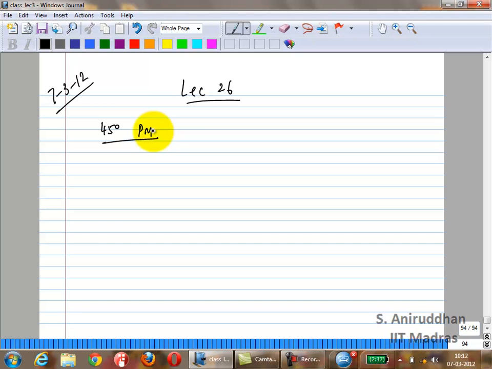Let's take the case with these poles, right? What do you understand from the pole positions? How many poles do you have here? In this case you have 3 poles.